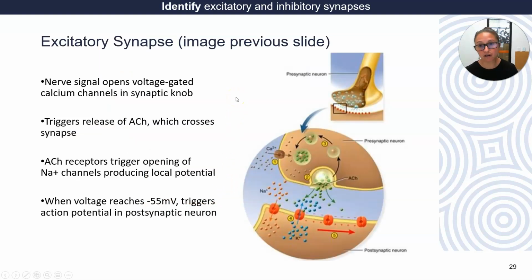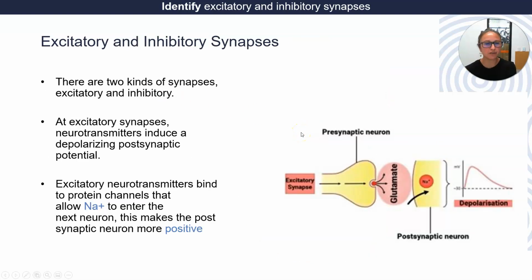So there are 2 kinds of synapses. One makes your neuron more likely to fire an action potential, and another makes your neuron less likely to fire an action potential. Acetylcholine we will leave for a later example. Let's have a look at these ones. I know these pictures are a bit blurry, sorry. If you have a synapse that is excitatory, what happens is that sodium enters the next neuron, and that's going to make my second neuron in the chain more positive.